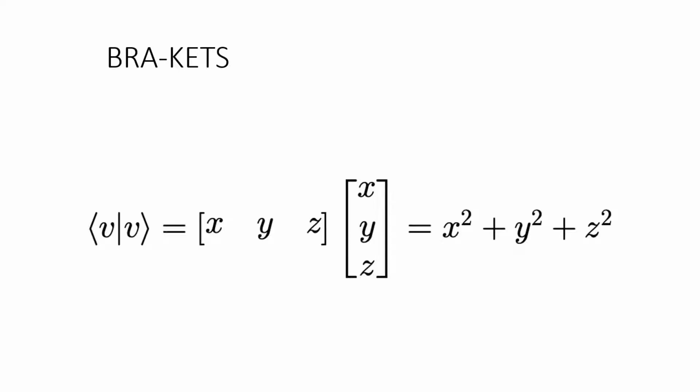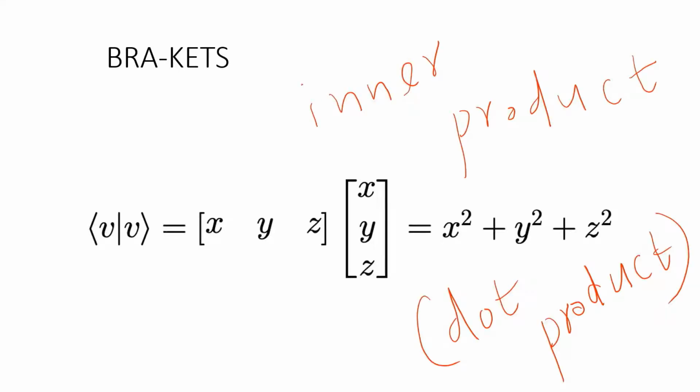So this is the bracket notation. Bracket notation is also known as the inner product or dot product. The bracket is the inner product of bra and ket, the bra vector and the ket vector.